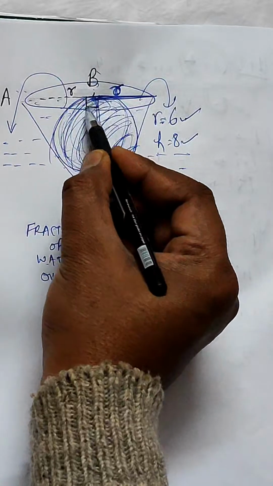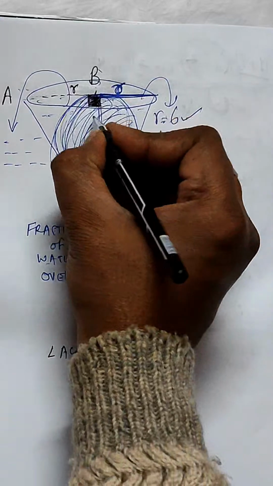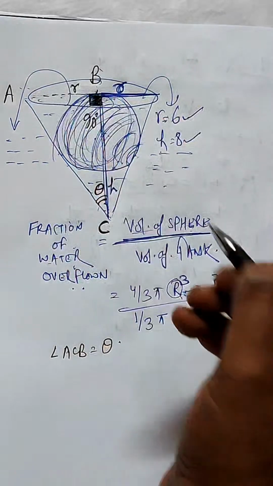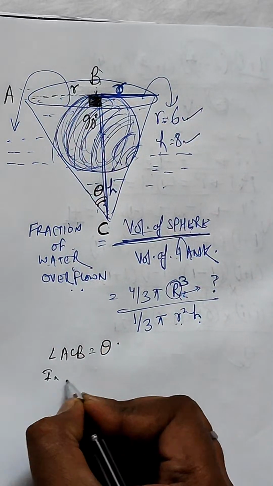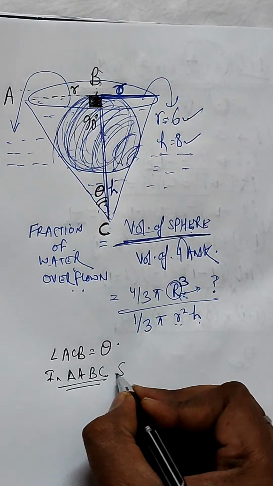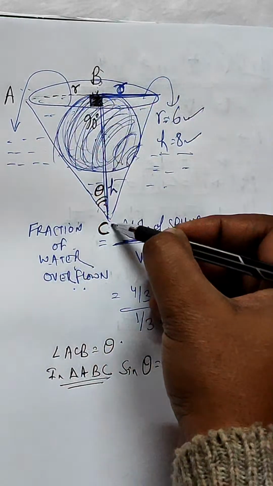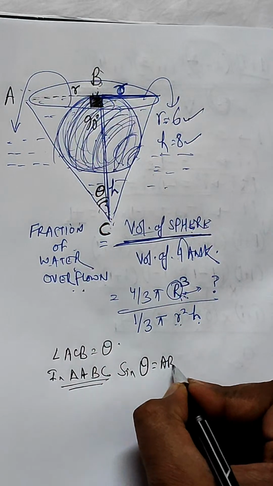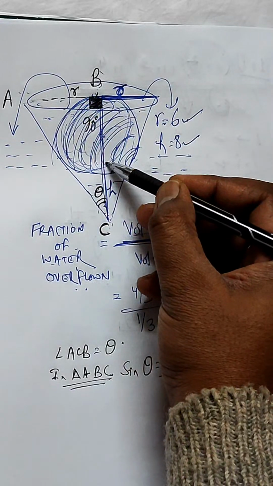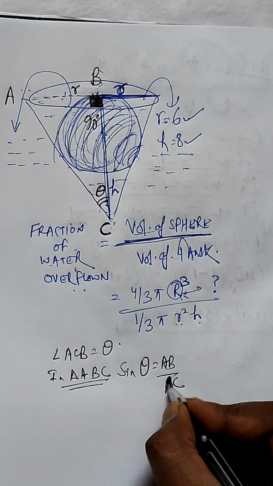Here you can see it's 90 degrees. So in triangle ABC, with right angle at B, sine theta can be given as AB by AC. I am correcting it, AB by AC, not BC.